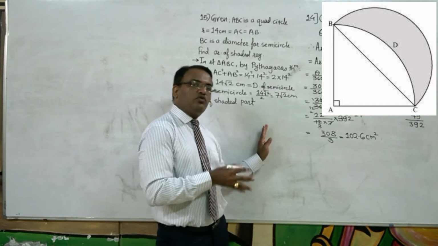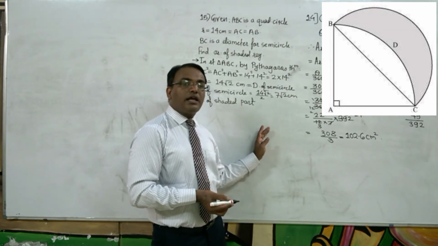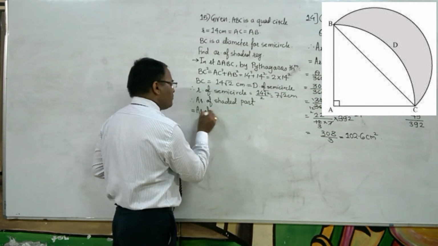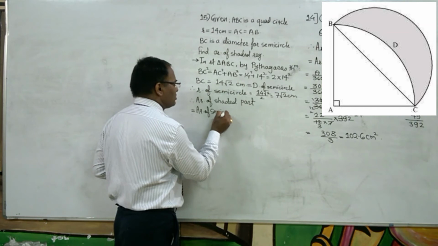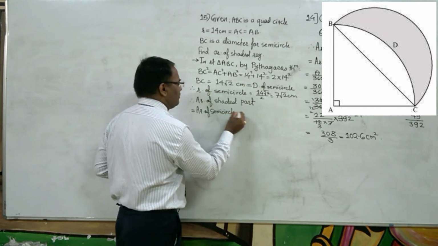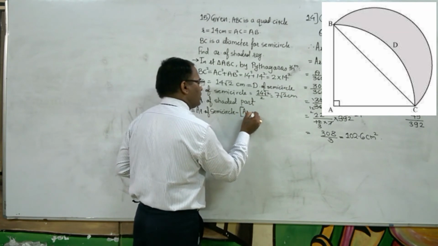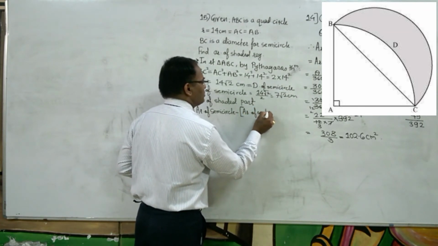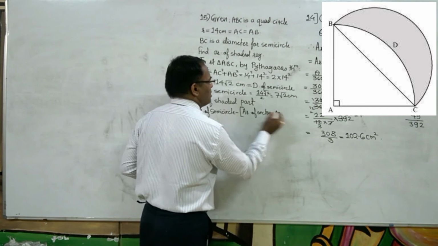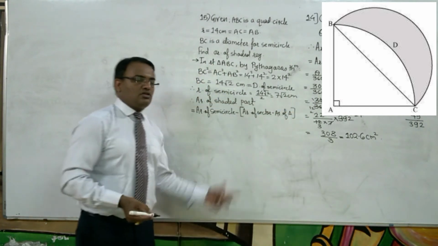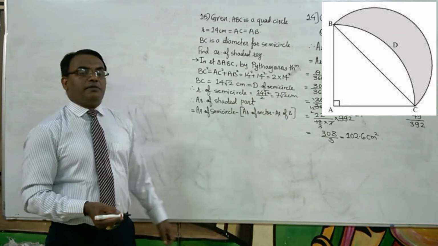That we have to remove from the semicircle. Is that okay? So what will we get? Area of semicircle first. Then from this we have to minus area of sector minus area of triangle. This is what will give you the shaded part.